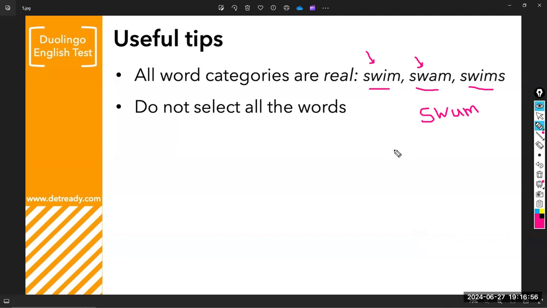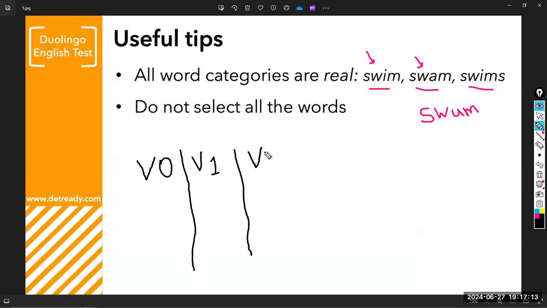Please be careful. Let me show you an example. In the English language, Malak, we have verb 0. This is verb 0. We have verb 1. This is verb 1. We have verb 2. This is verb 2. Please listen to me carefully because this is extremely important. We have verb 3. This is verb 3.